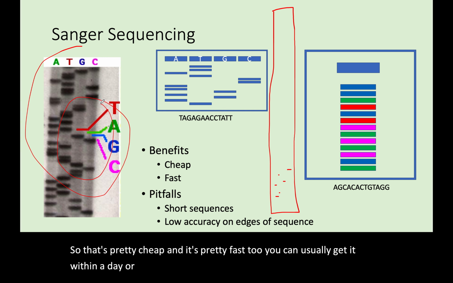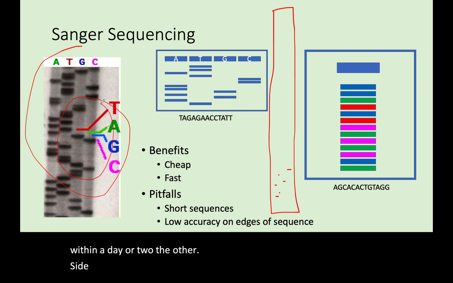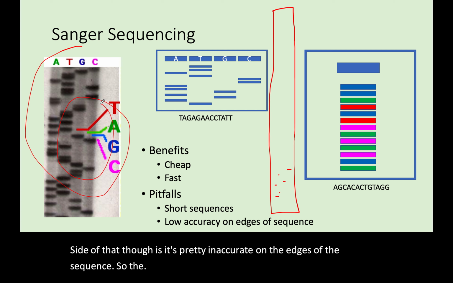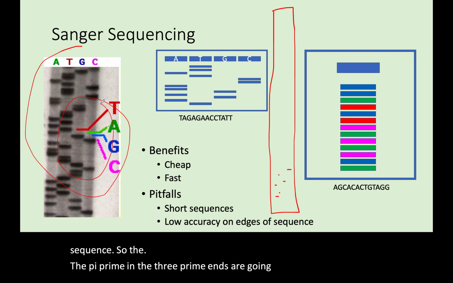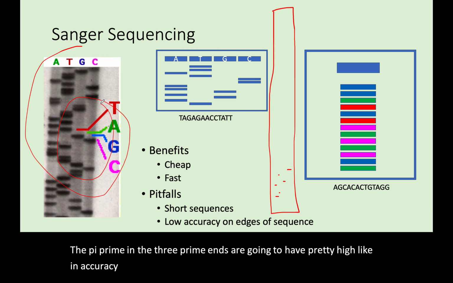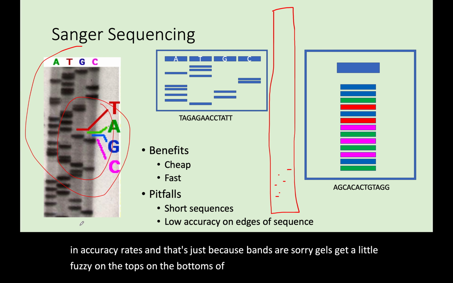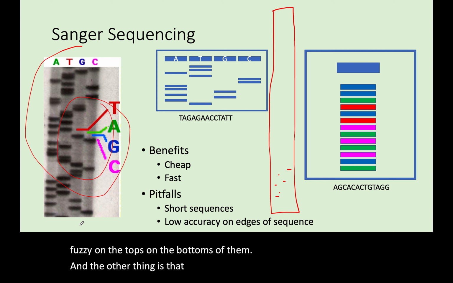The other side of that, though, is it's pretty inaccurate on the edges of the sequence. So the 5' and the 3' ends are going to have pretty high inaccuracy rates. That's just because gels get a little fuzzy on the tops and the bottoms of them. The other thing is that we're limited in how much we can sequence.